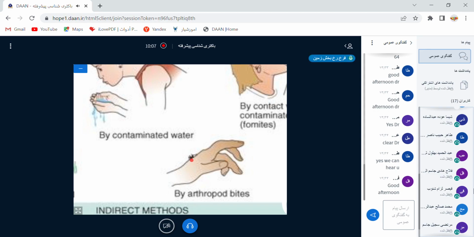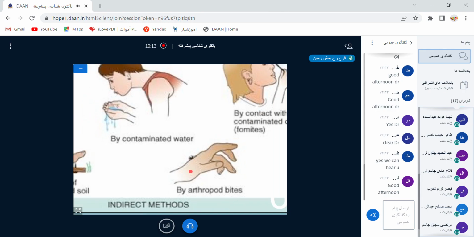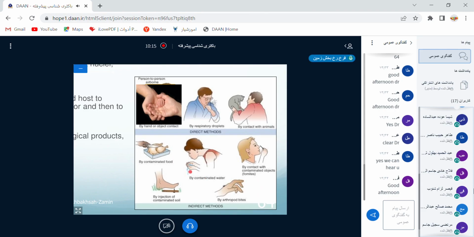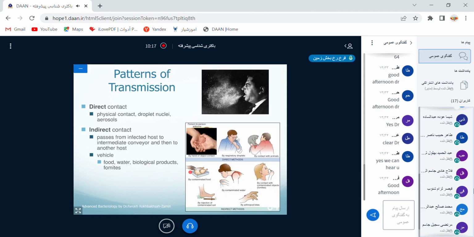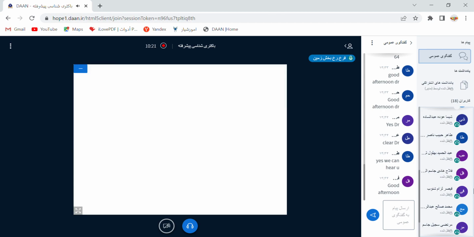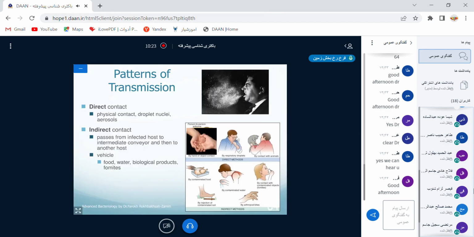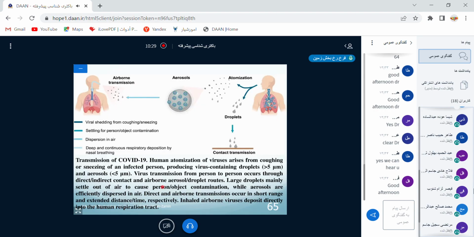Many types of arthropods and insects, and some like mites and fleas, can be responsible for transfer of microbes from one person to another person. So food, water, biological products, and vomits.